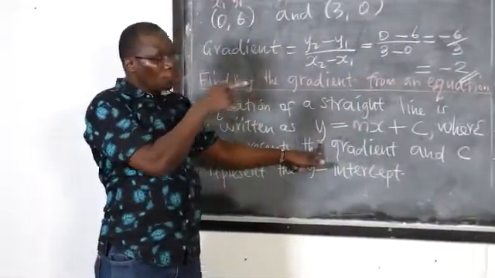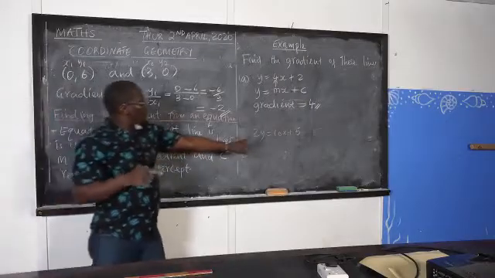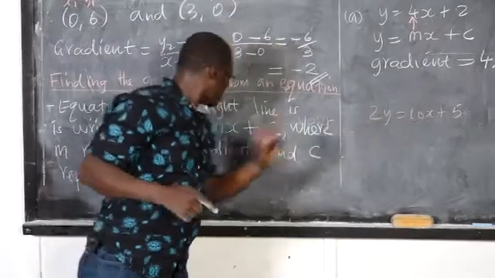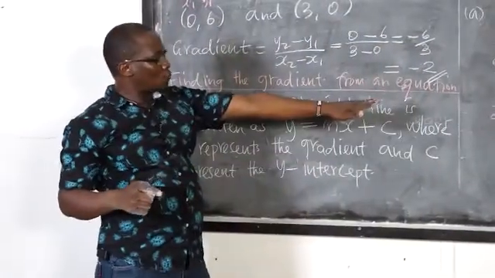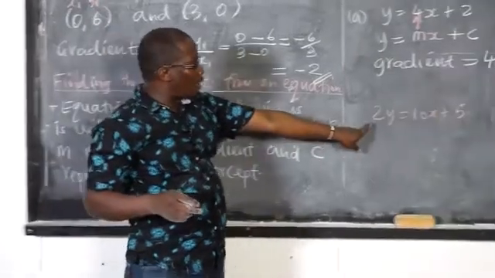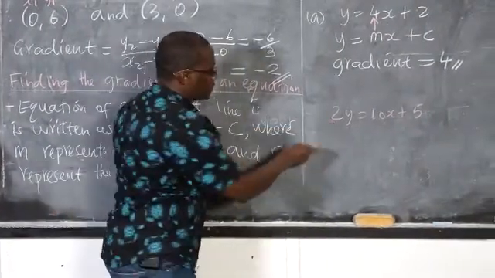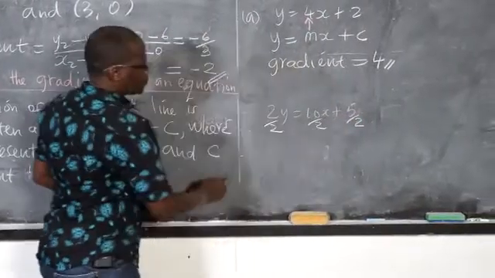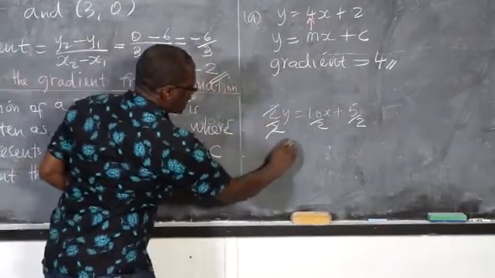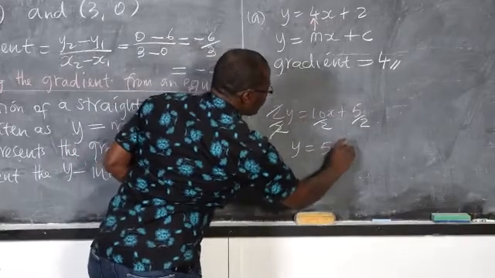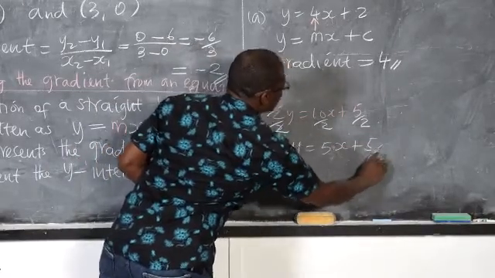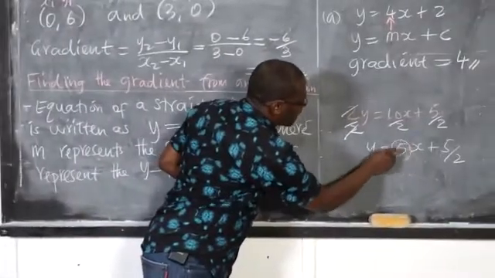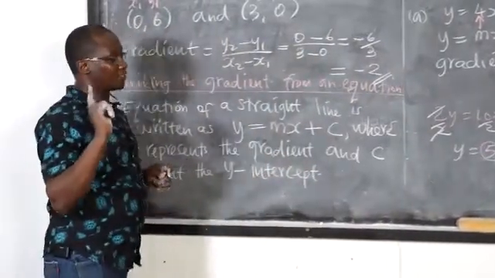At this point, you are wrong to say that the gradient is 10, because what you have here is 2y, but it should be 1y. So in this case, divide everything by the coefficient of y. Divide by 2, divide by 2, divide by 2, so that the 2 cancels. Now you have y equals 5x plus 5 over 2. From here, you'll be able to get your gradient as 5. That's very, very important.